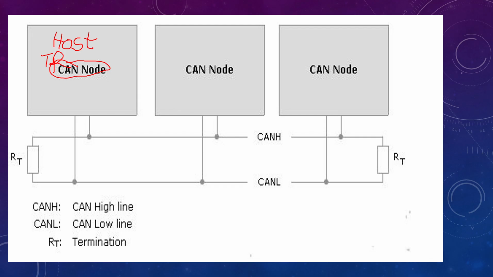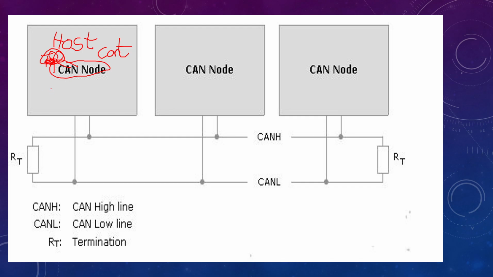The third one is the most important one. So the second one is the controller. Next is the most important thing: why are we using 120 ohm resistors at both ends?